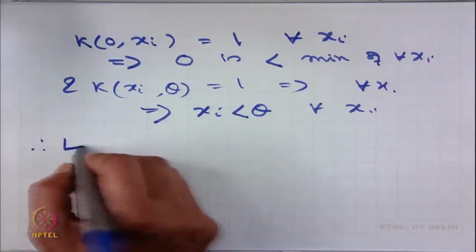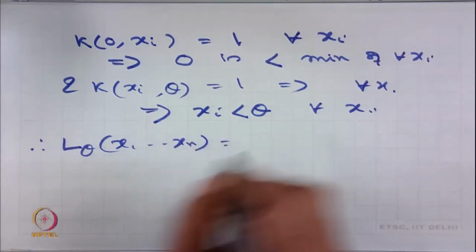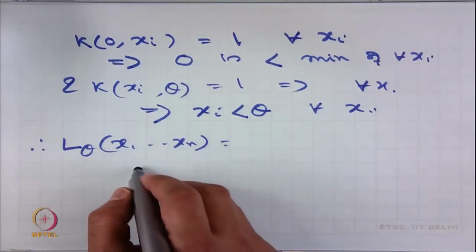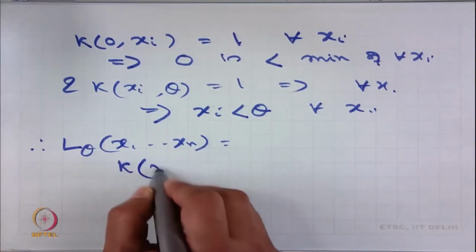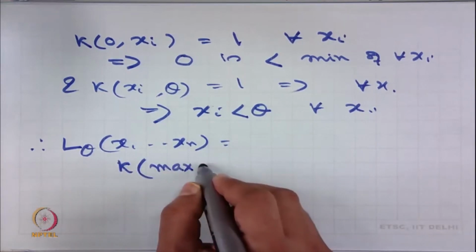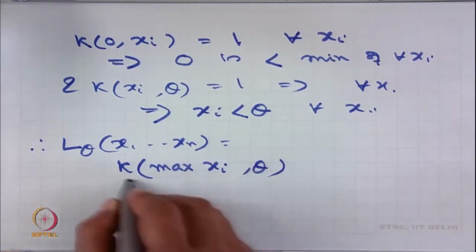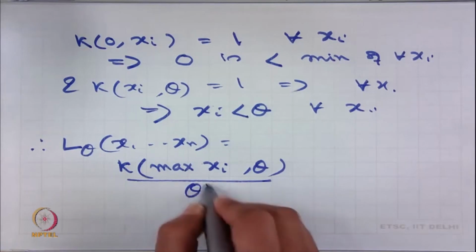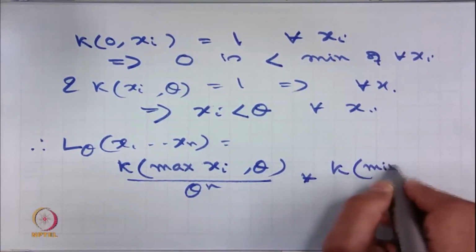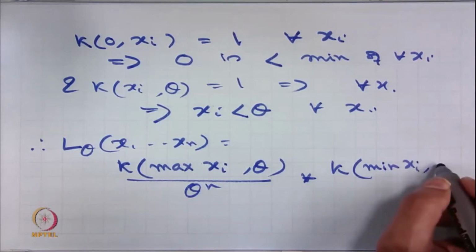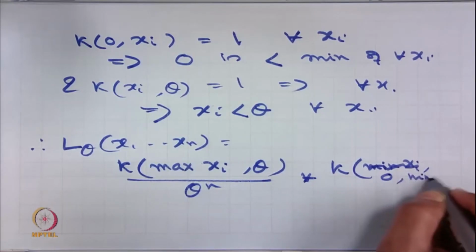Therefore, L theta of x1, x2, ..., xn can be written as kappa of max of xi comma theta, upon theta to the power n, multiplied by kappa of 0 comma minimum of xi.